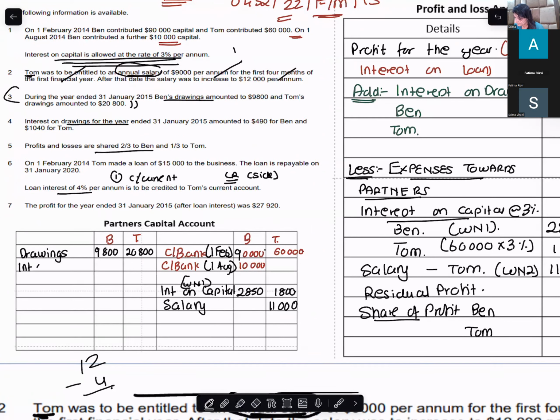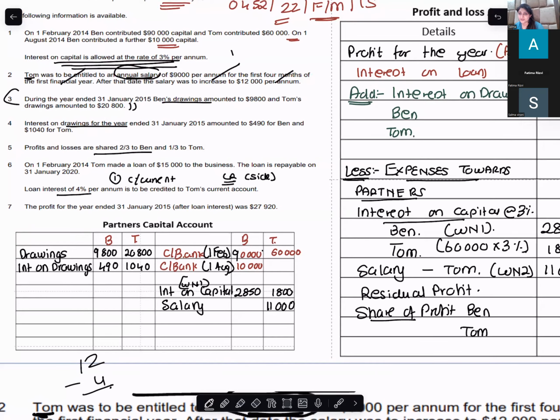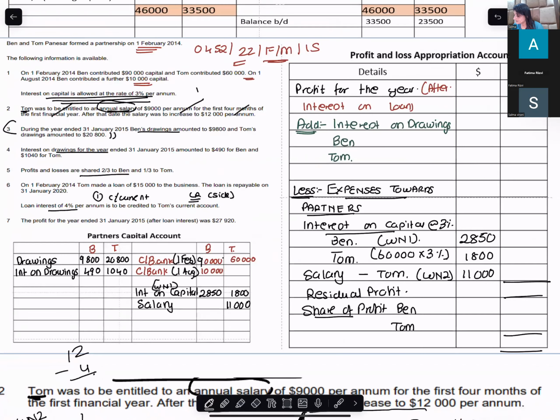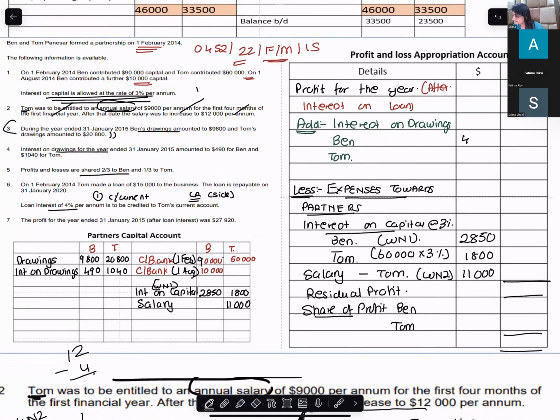In the profit and loss appropriation as well as the capital account. So drawings and below that interest on drawings: 490 and 1,040. Same thing I will record over here: 490 and 1,040.